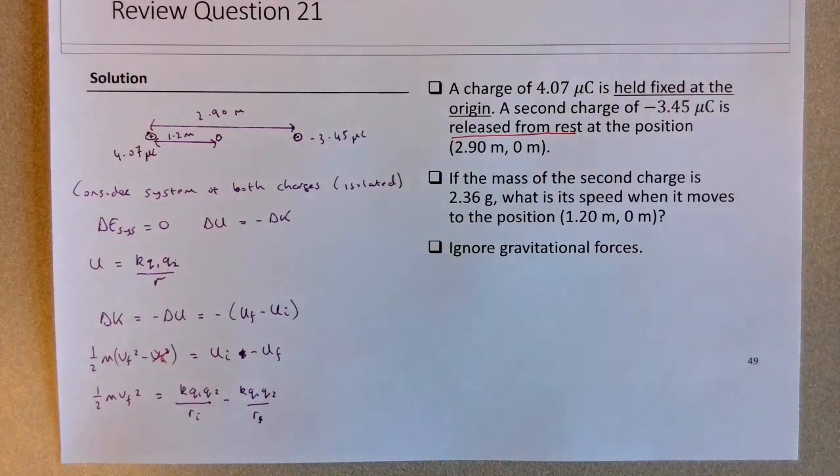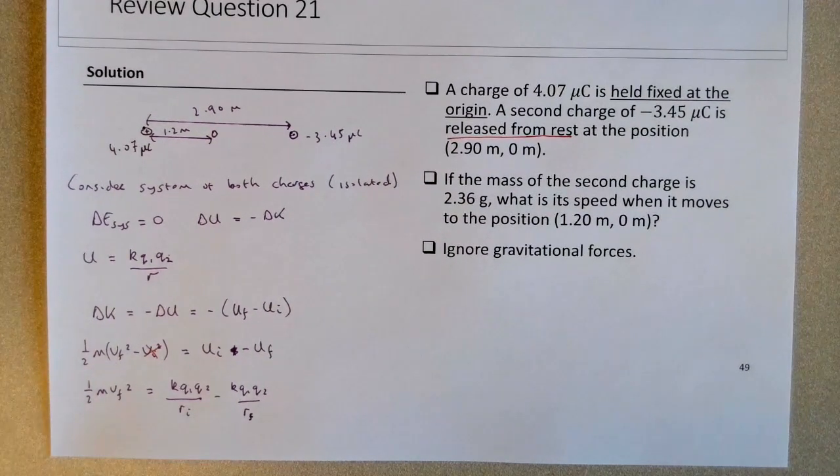We can then go ahead, and I believe we have all the values at this point. If you were working out your math a little earlier, I can help you out with some of these values.